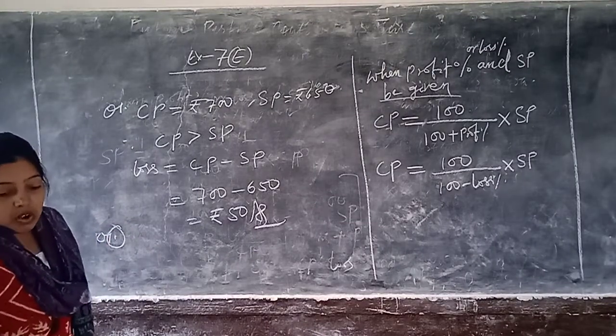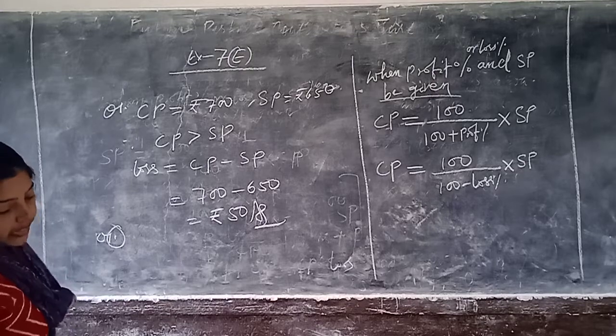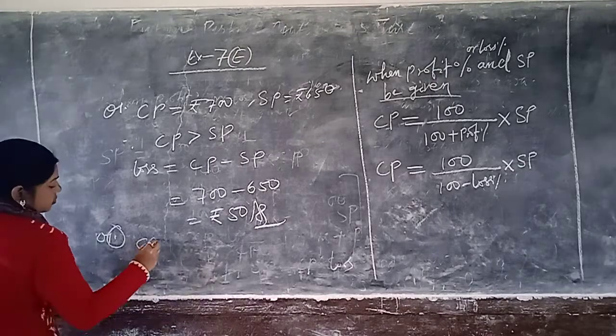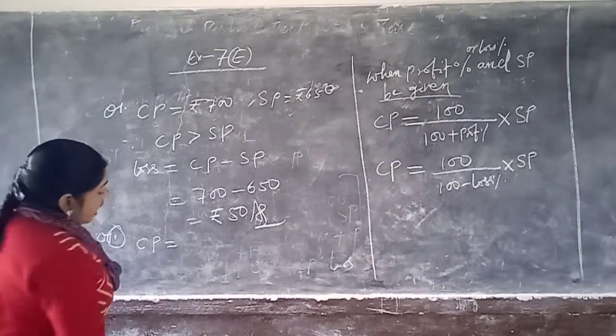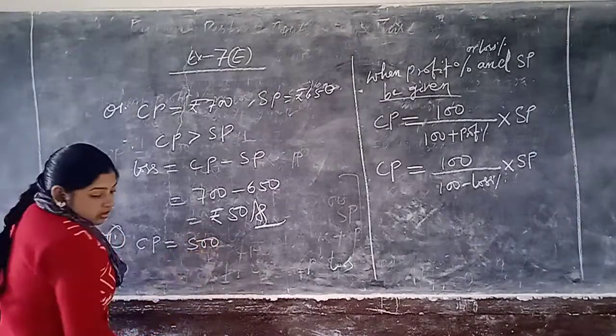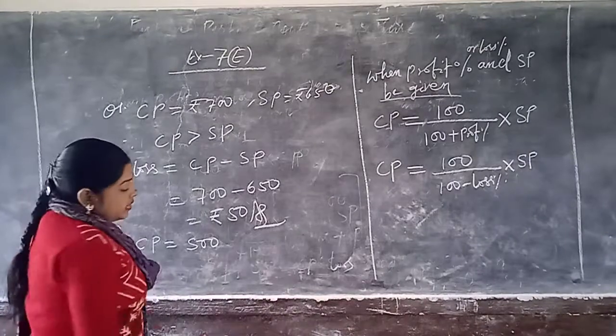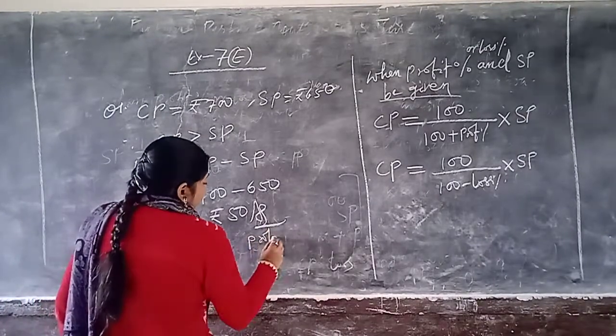Another question also write, when cost price is given and profit is given. Cost price is equal to 500, profit equal to rupees 25.